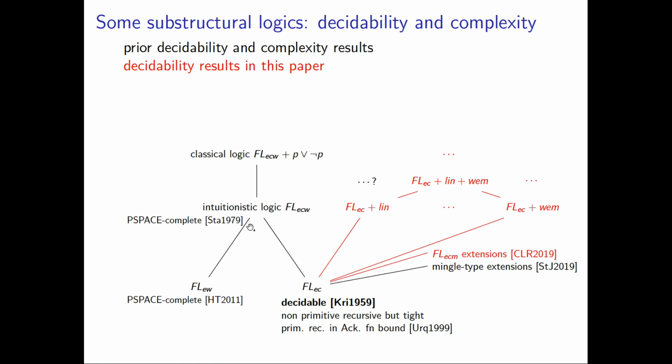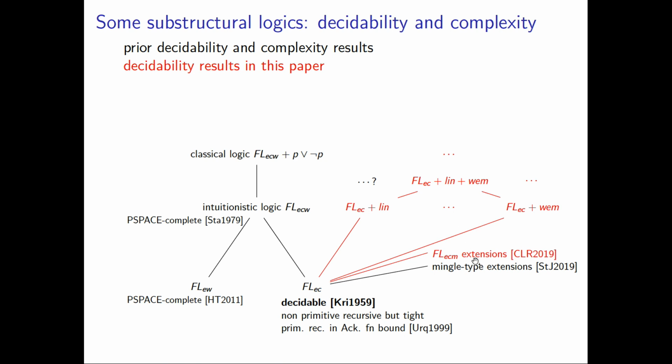Of course, we have intuitionistic logic here, and we have FLEW. FLEC was famously proved decidable by Kripke in 1959, and this work will show how his argument can be extended to new proof calculi to capture all of infinitely many extensions of FLEC by various axioms and properties.